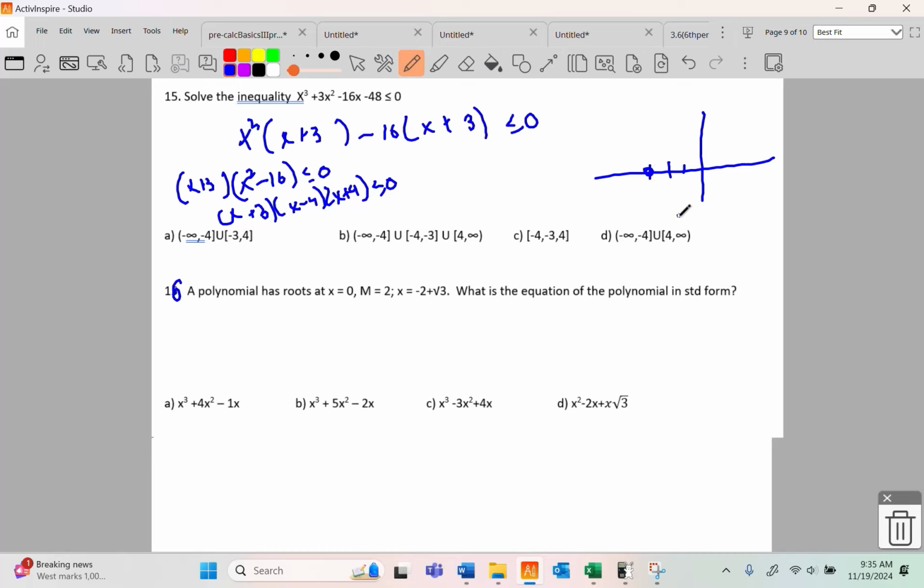So negative 3, negative 4, positive 4, starts low, ends high. Multiplicity was 1. All of these are crosses. And the deal is less than or equal to 0, which is touching or below the x-axis. So all that territory right there.